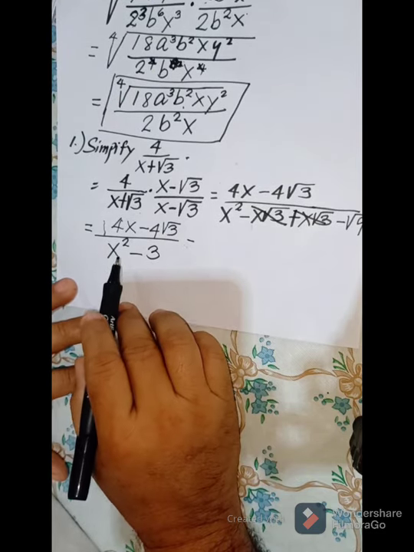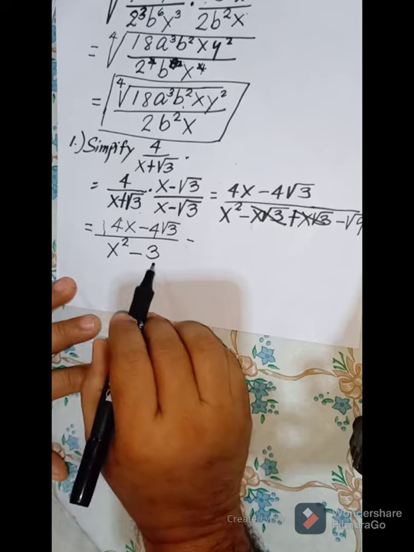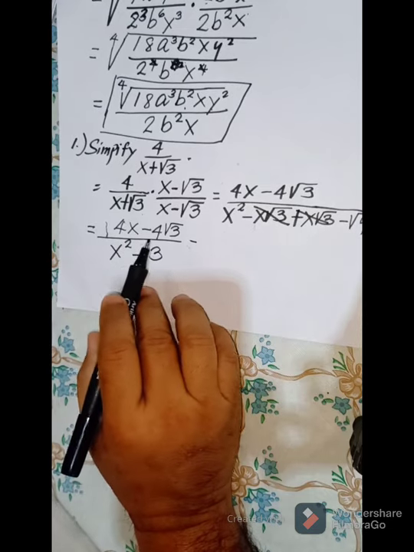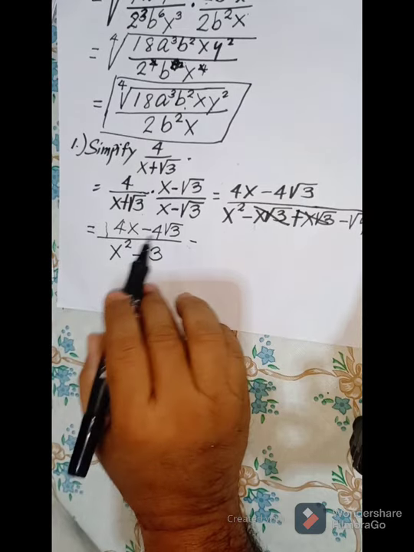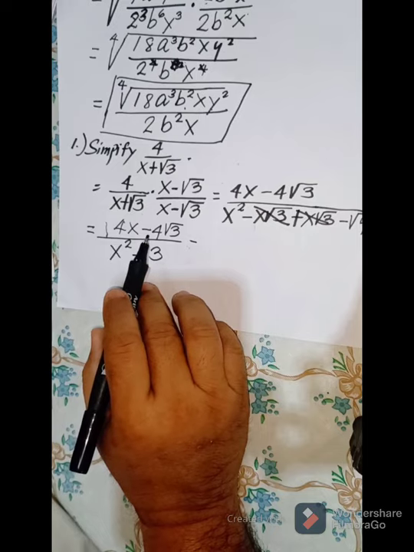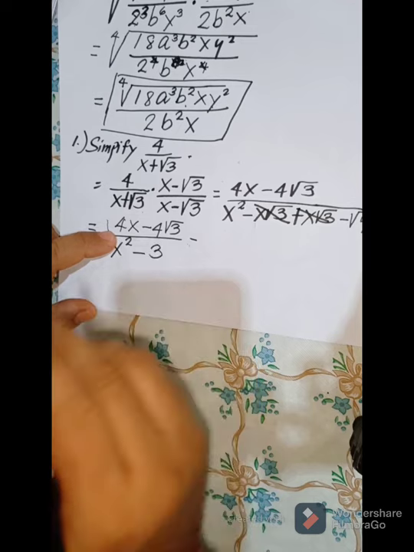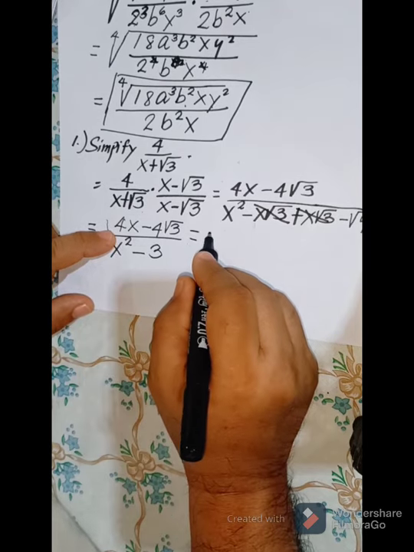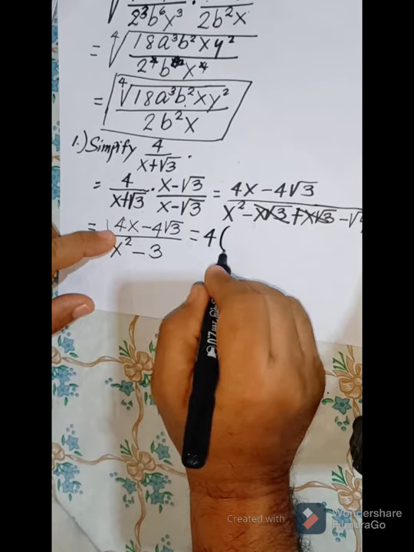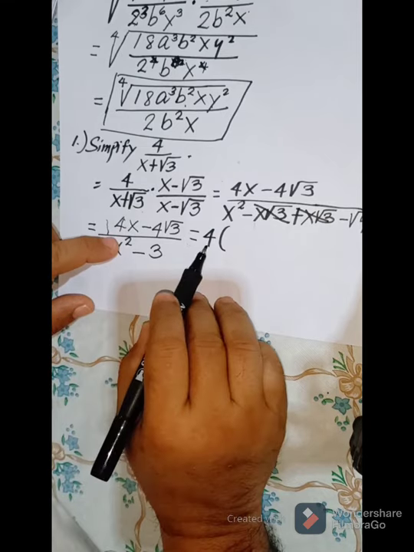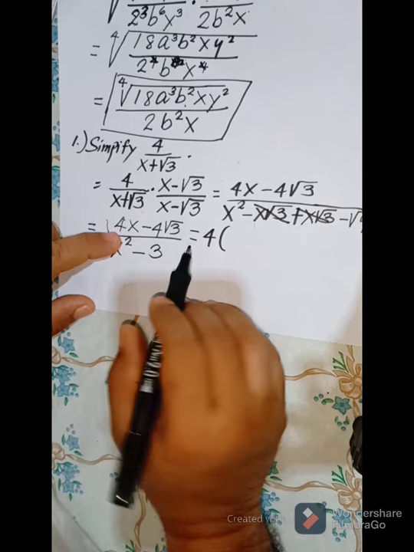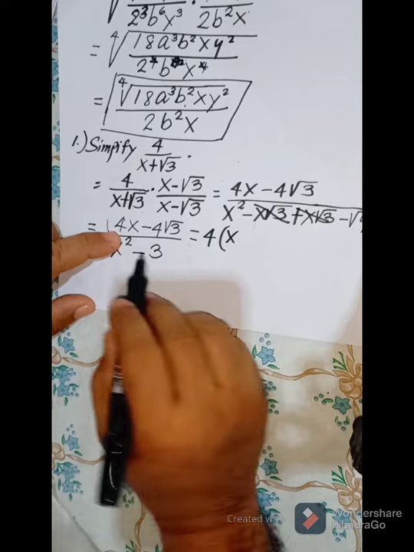We cannot factor x squared minus 3 anymore. 4x minus 4 square root of 3, although this can be factored, okay? Since this can be factored, we try to write this one as, the common numerical factor is 4, so 4x divided by 4 is x.